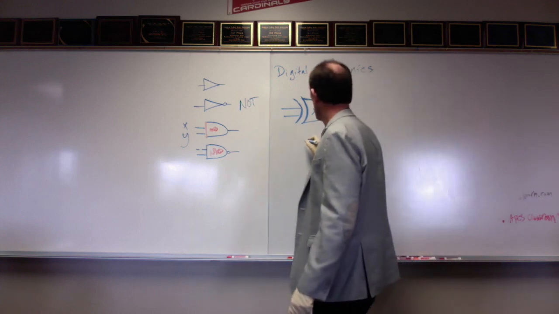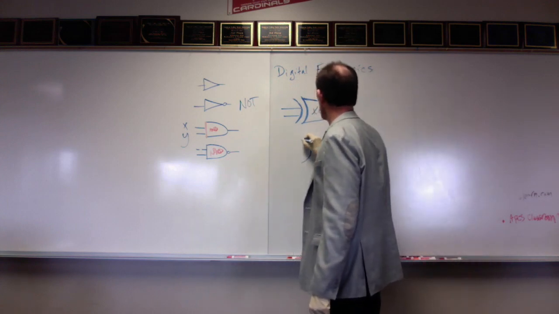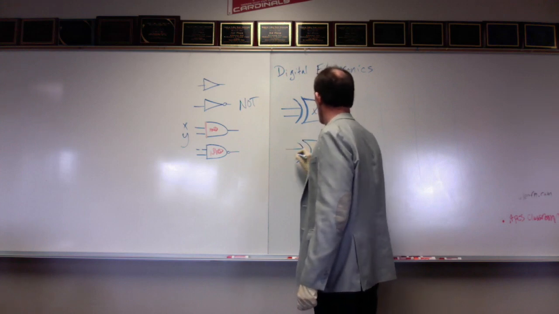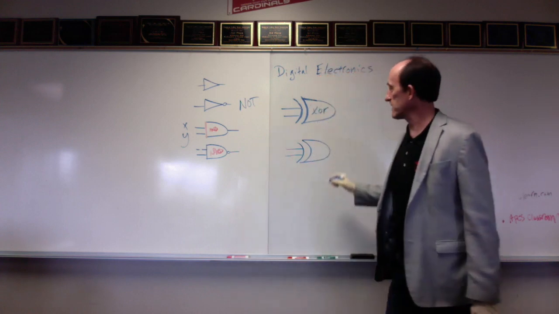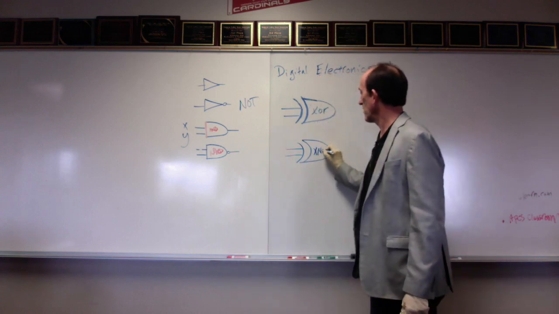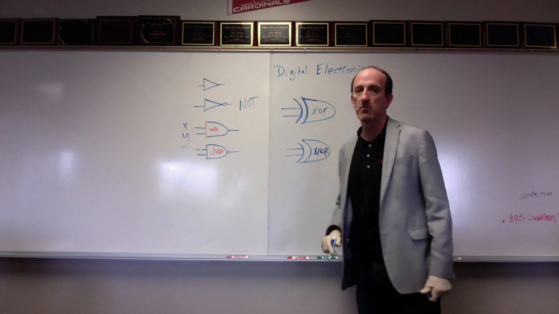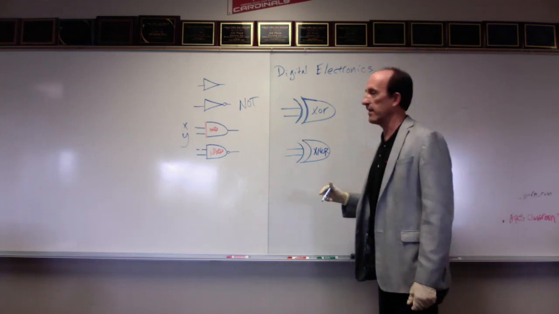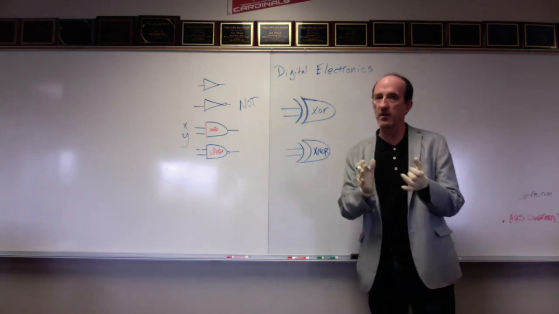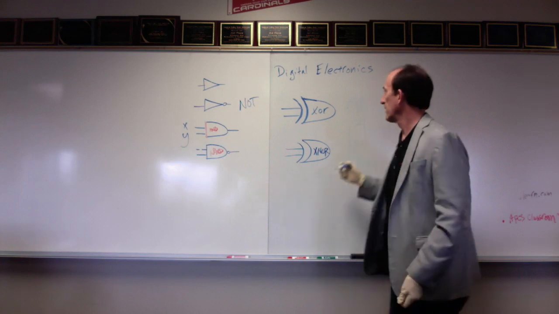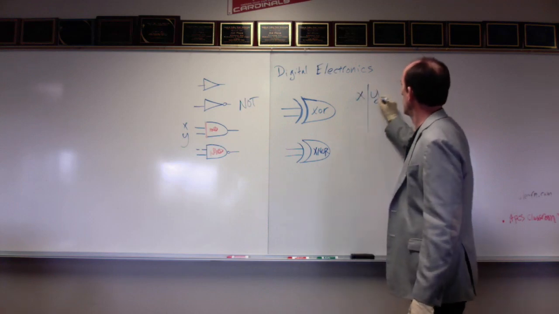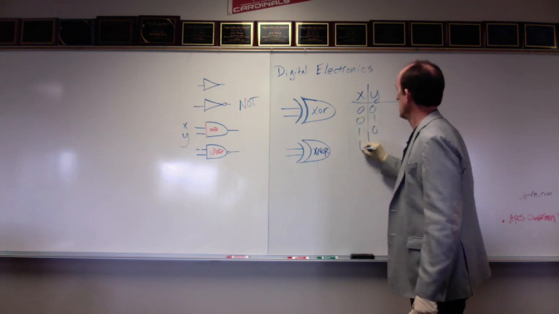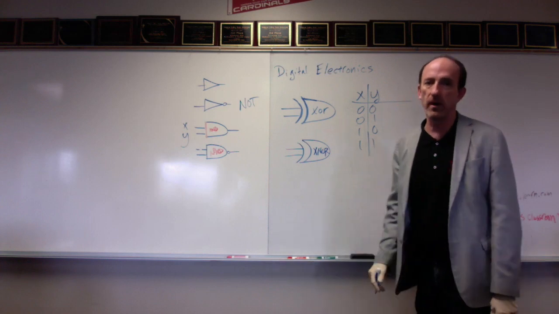Okay, and so the negated version of that is going to be XNOR. But it has another name, which I'm going to tell you in a second. First, let's remind ourselves what XOR does. If we have X and Y, 0,0, 0,1, 1,0, and 1,1 are our only possible inputs with an ordered pair.